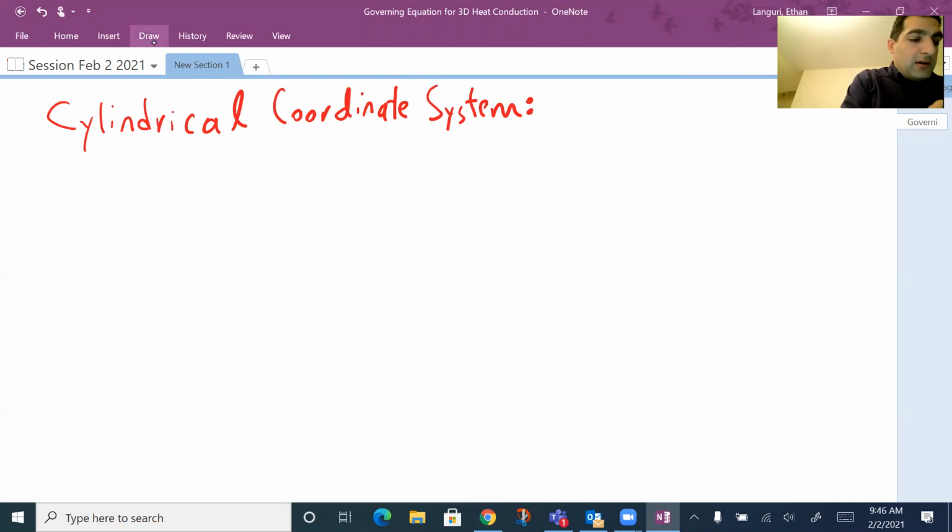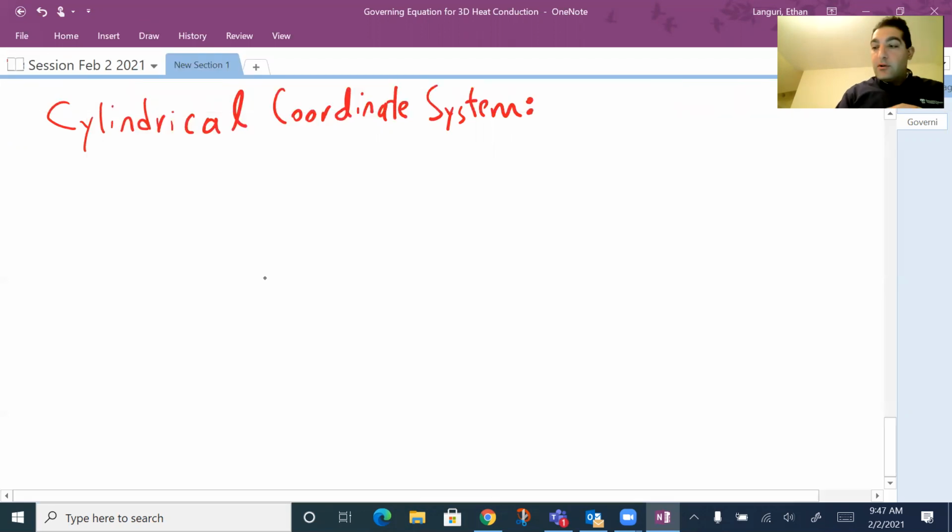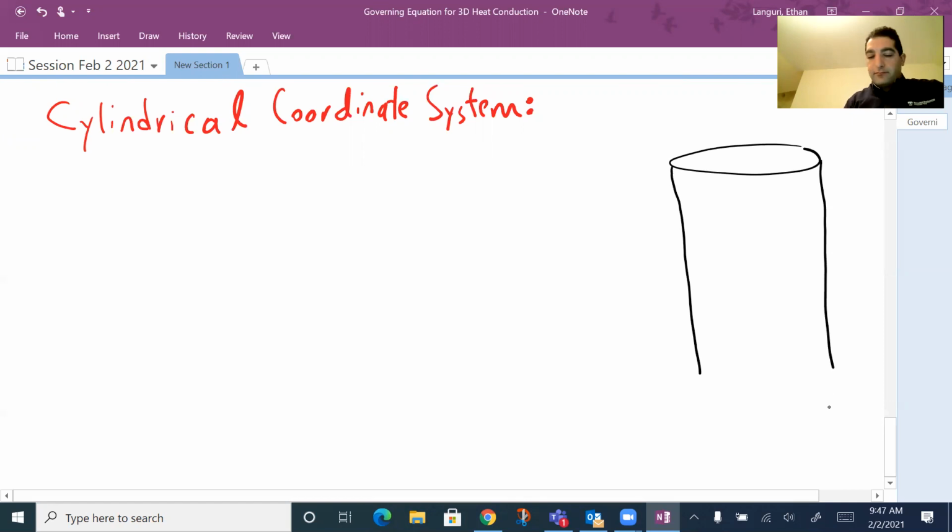But before I write the final form of the governing equation in cylindrical, let's discuss the cylindrical coordinate system itself. So let's assume we have a cylindrical geometry like this. This is my center line.